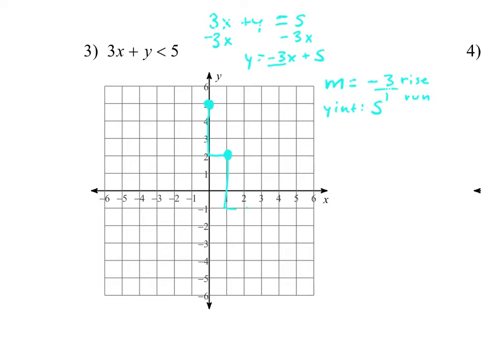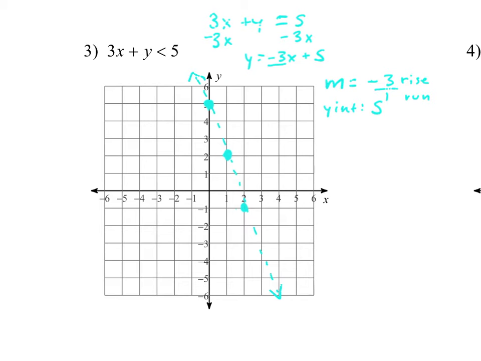So now we're going to test the number. What can we plug in to test? Zero, 0. So we have 3 times 0 plus 0 is less than 5.